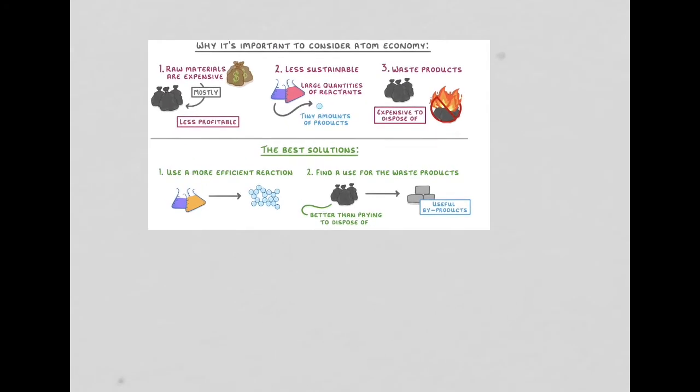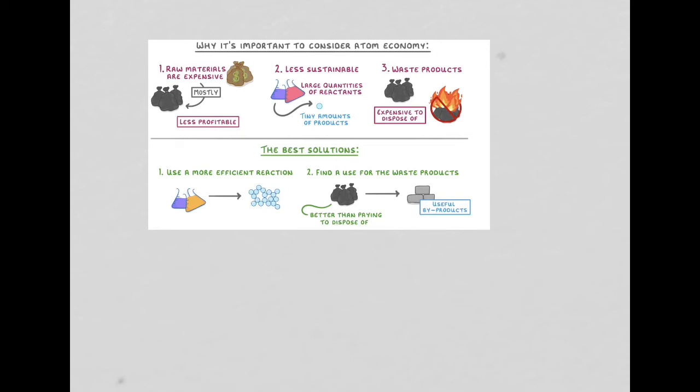The second thing is that you're getting very tiny amounts of products, so it's less sustainable, and you're getting a large amount of waste, and waste products are usually expensive to dispose. Either it's going to accumulate or you're going to try to burn them, and when you're burning them, you're going to affect the environment. So it's very important to consider the atom economy.